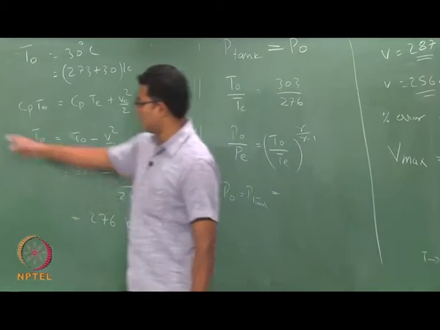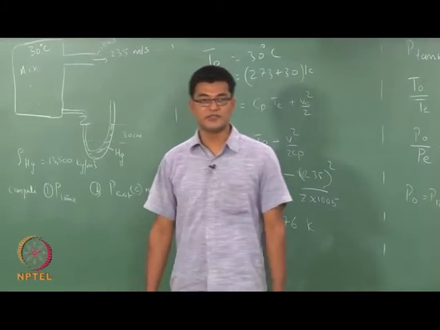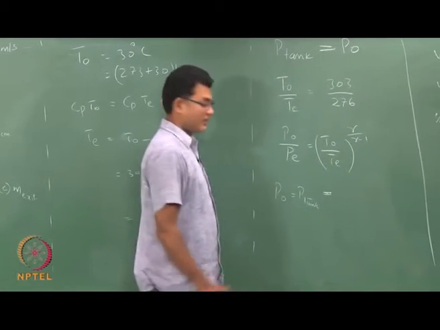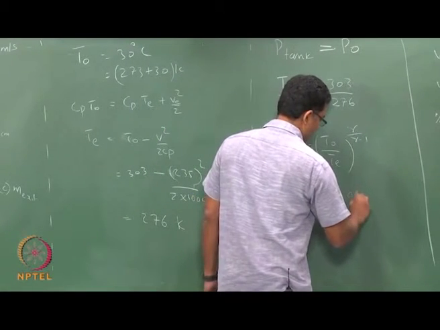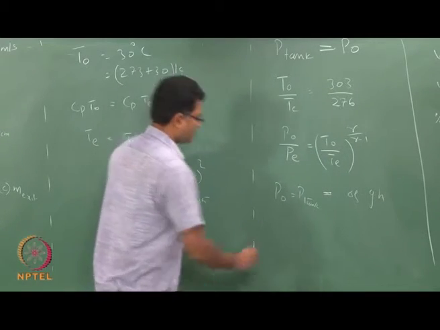This is being measured by a U-tube manometer here, which has this quantity. So, it is delta rho g h. What is delta rho?